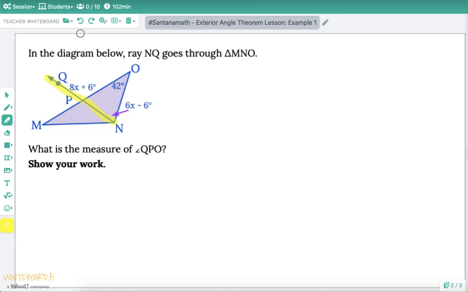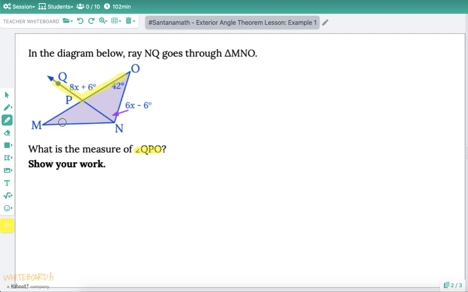That's ray NQ. And we want to use this triangle MNO. That is what they're referring to there. Okay, so the one that we are looking for is this angle right here, angle QPO. That is the angle we're looking for.